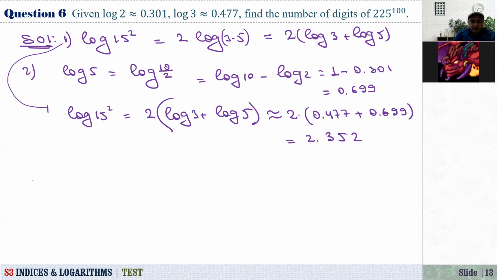Okay. So now the third step, let me just change the color here also. 225 to the power of 100, right?